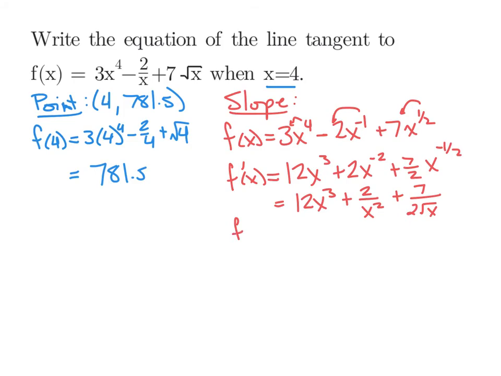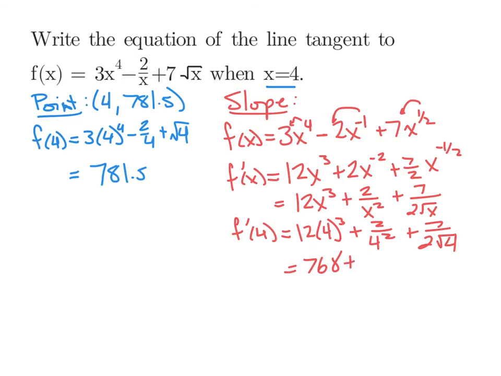Because when we want to find our derivative when x is equal to 4, we've got to plug it in. So we'll have 12 times 4 cubed, 2 over 4 squared, and down here we'll have 2 times the square root of 4. So 12 times 64 is 768. 2 over 16 is 1/8.